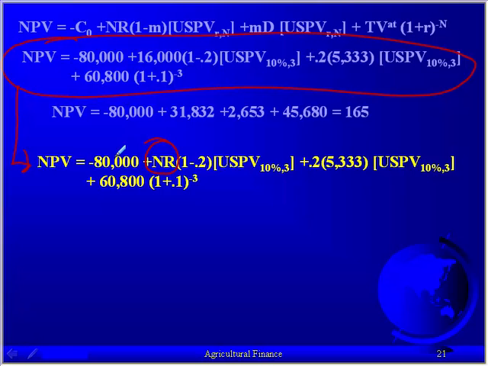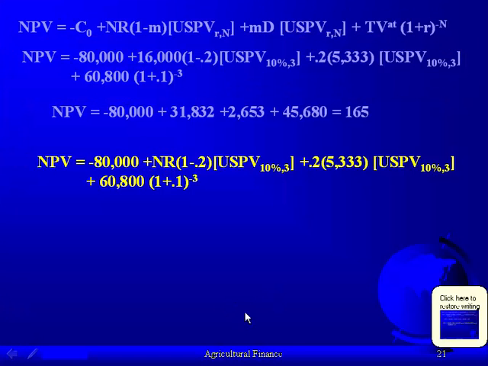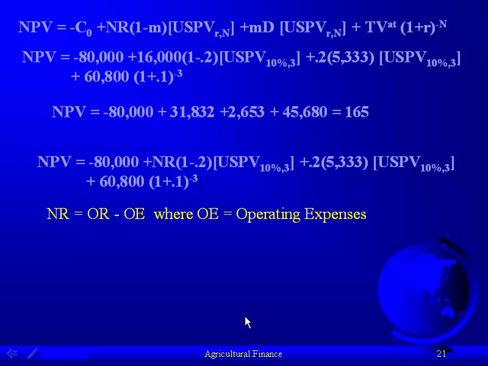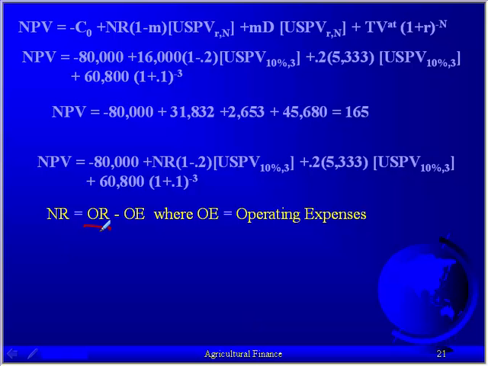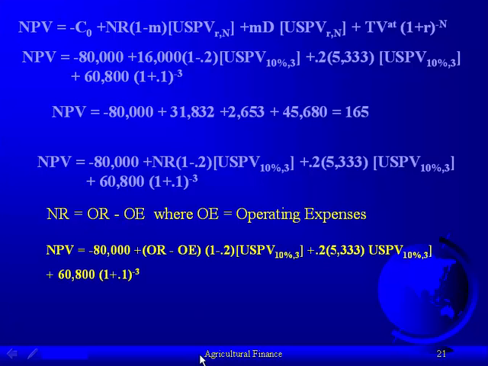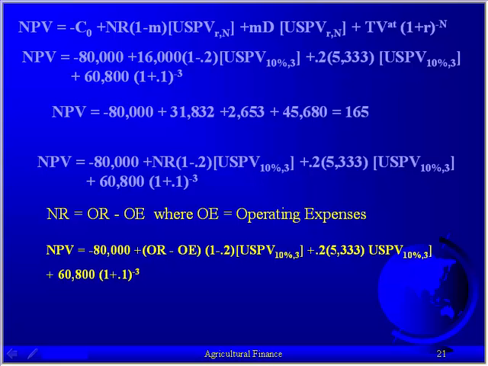The operating receipts, if you recall, is part of that variable of net returns. Remember that net returns is this operating revenue minus your operating expenses. So in this particular case, what we are doing is we're substituting in this equation for the net returns.